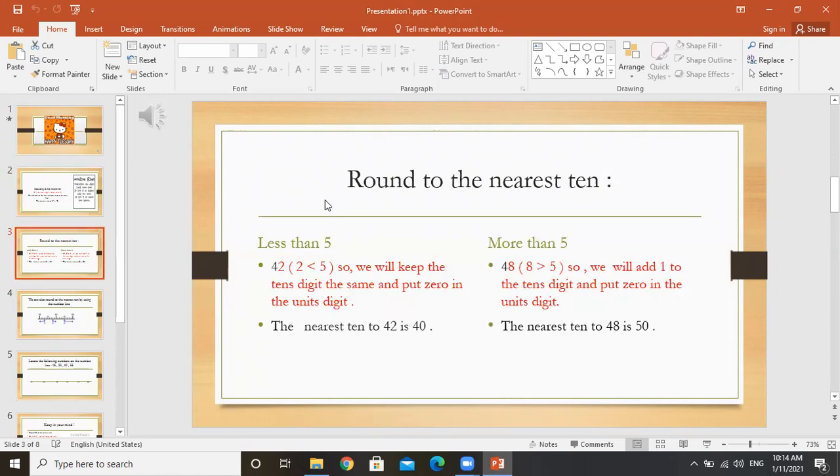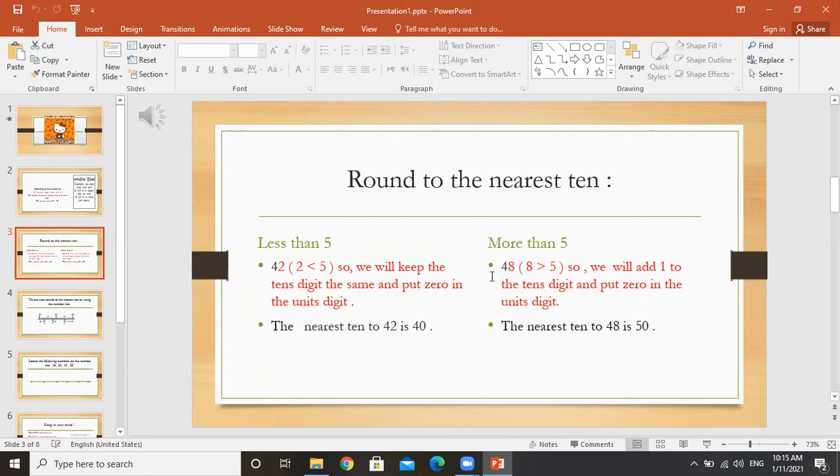Round to the nearest 10. Here on the first side, the two-digit number has 2 as the units digit. 2 is less than 5. So we will keep the tens digit the same and put 0 in the units digit. So the nearest 10 to 42 is 40.